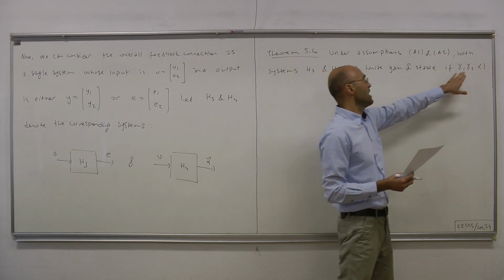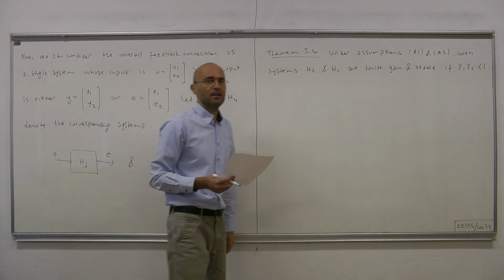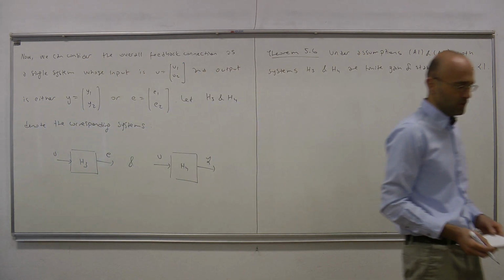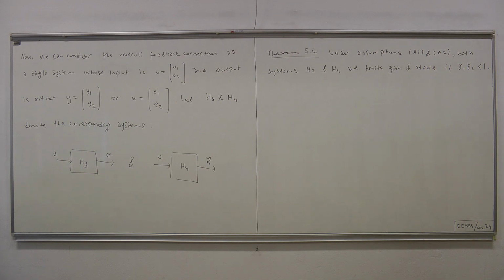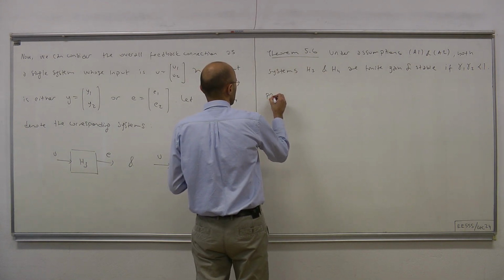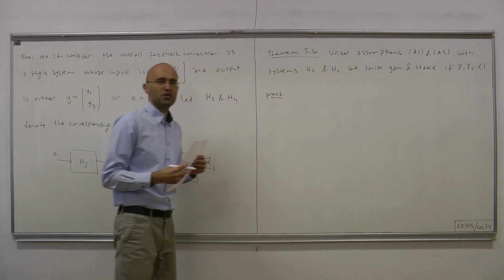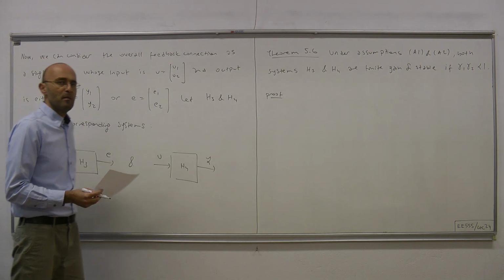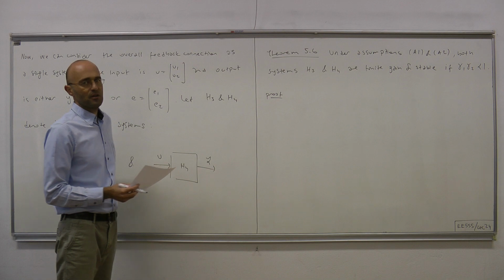So this is just a sufficient condition, but not a necessary condition. Now under that sufficient condition, let's prove that we have finite gain L-stability for our feedback connection. And the proof is really simple. It's just a few lines of bookkeeping while remembering the definitions of L-stability.